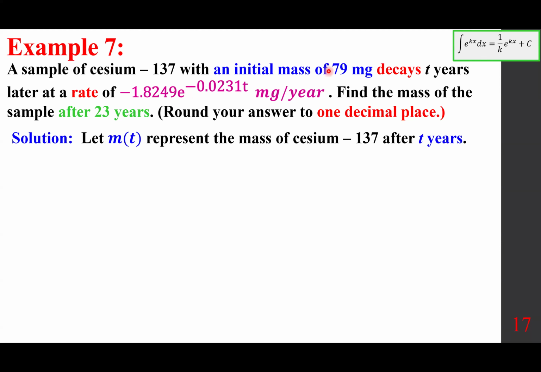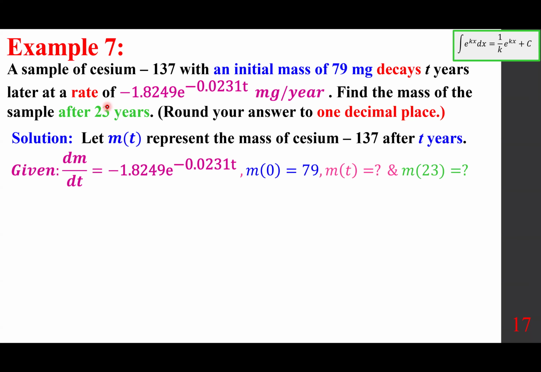What is this one? What is the initial mass? M at t equals 0. That's the meaning of the initial value. So m of 0 is 79. So you go through the process and you find the formula for m of t. After you find the formula for m of t, all you have to do is replace the t with 23.